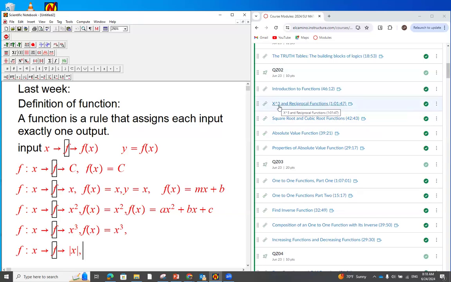X raised to the power 3, cubic root, square root, and we're going to get to the absolute value function. It's a very important function, super important function in calculus 1, okay? You talk about 20, 30 points from the calculus course. So you need to know this function very well. Domain, graph, and we discussed this graph and the properties, right?